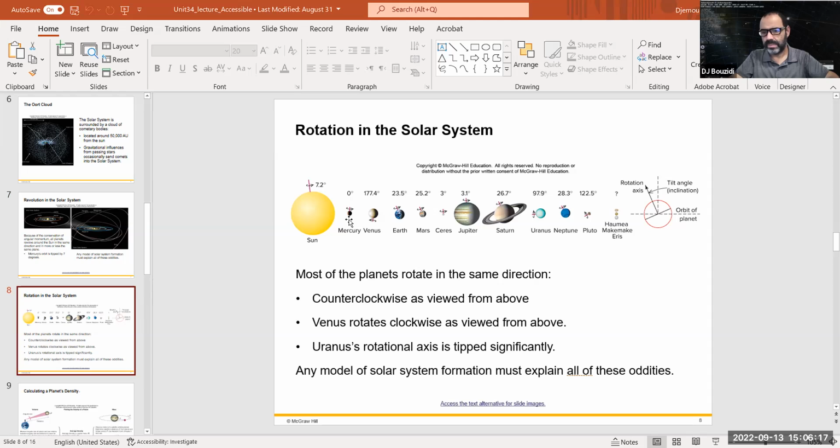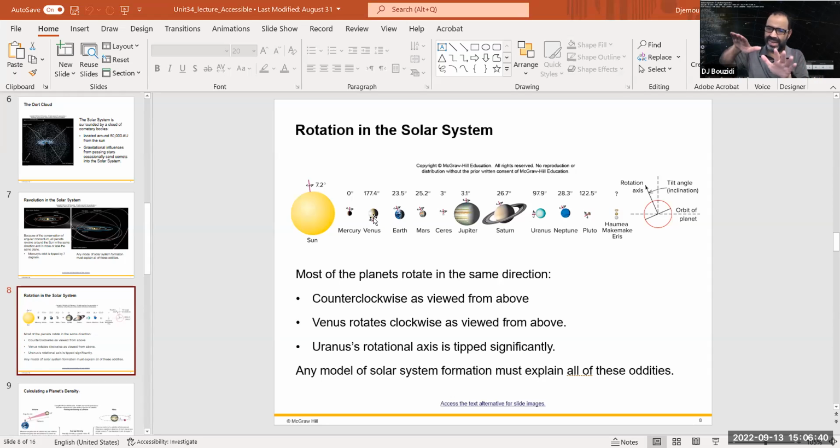Mercury has absolutely no tilt. The sun itself is a little bit tilted. The Earth is 23.5 degrees. Mars is very close to the Earth, actually. Its tilt is 25.5 degrees. Ceres is barely tilted. Same thing with Jupiter, but Saturn is tilted.